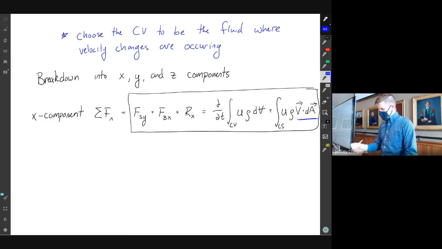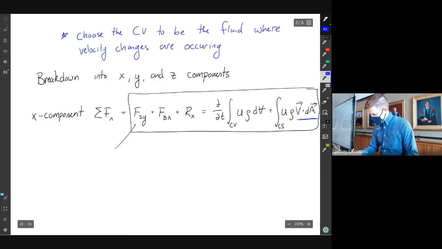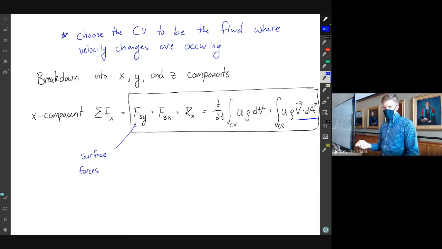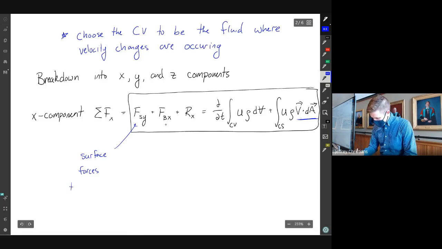All right, so what are these different forces? So this is surface forces. Surface forces are forces acting on the surface of the control volume. This is typically pressure.